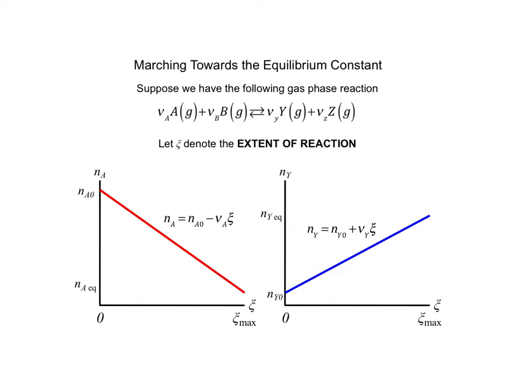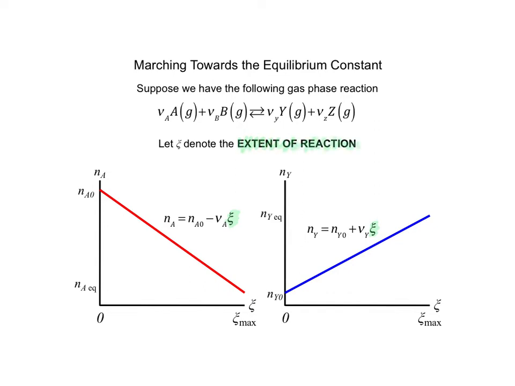Okay, so I showed you this in the last video. I just wanted to remind you, we can define this weird little symbol that we're going to call a C. That's not actually its real name. I don't actually know what its real name is. But we're going to define this as the extent of the reaction.